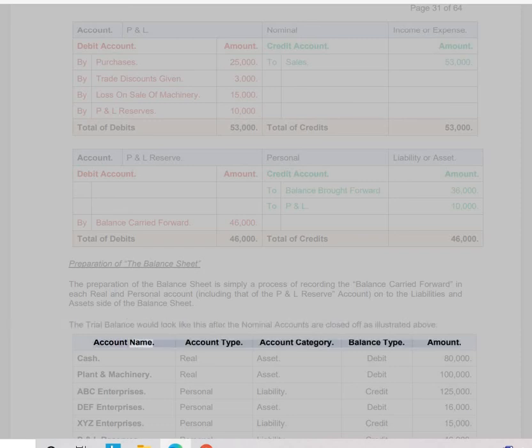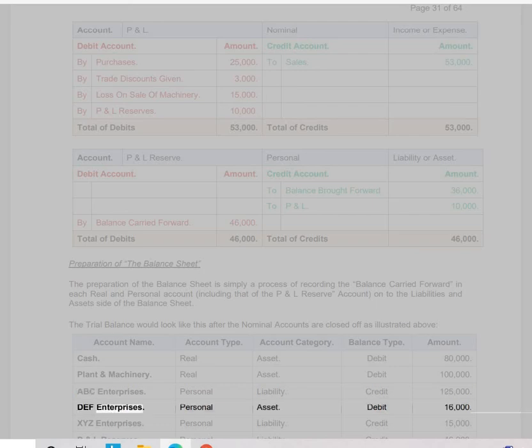Account name, account type, account category, balance type, amount. Cash, real asset, debit 80,000. Plant and machinery, real asset, debit 100,000. ABC Enterprises, personal liability, credit 125,000.